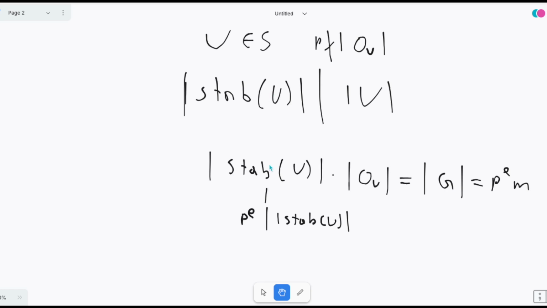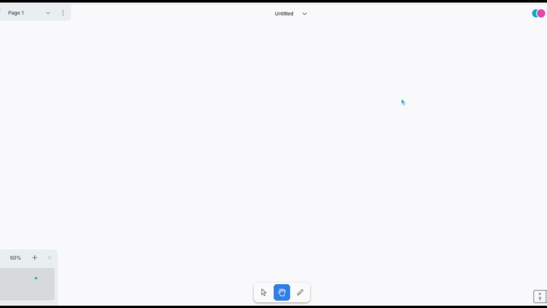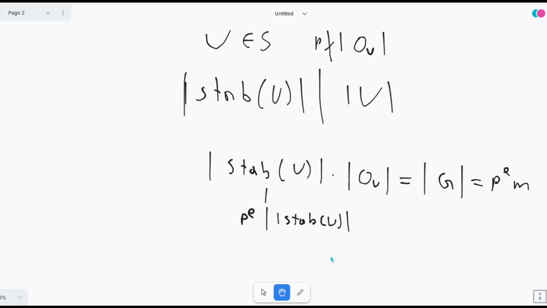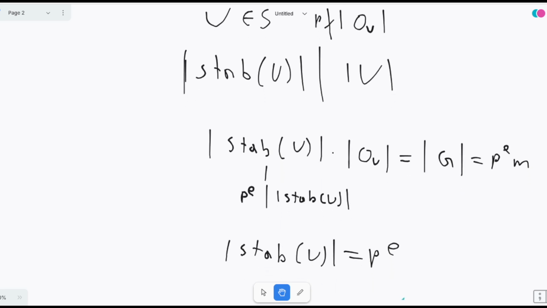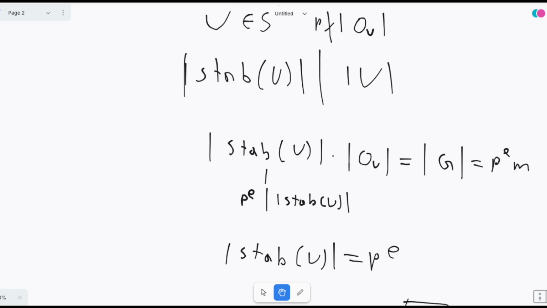But because these are groups of size P to the E, the order of the stabilizer must be a power of P itself, meaning that the size of the stabilizer is P to the E. And that's our group. Because we want to find a subgroup of order P to the E, and this is one.